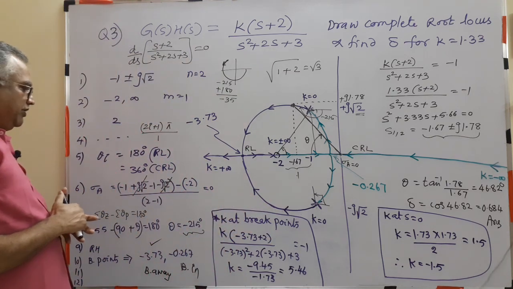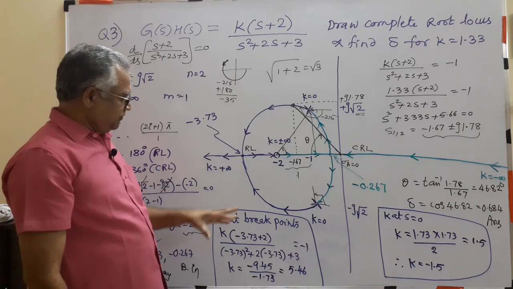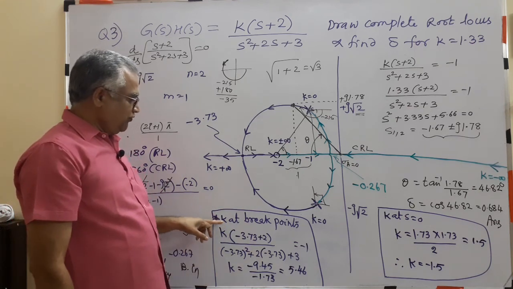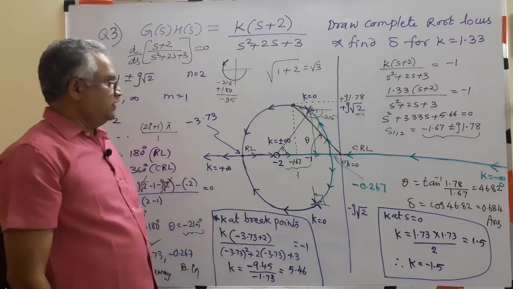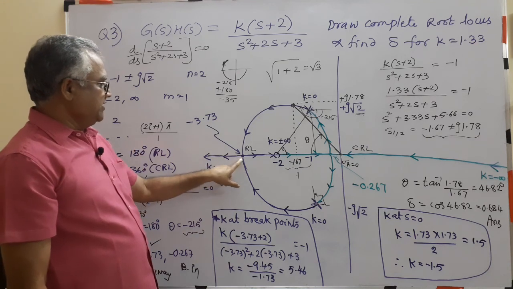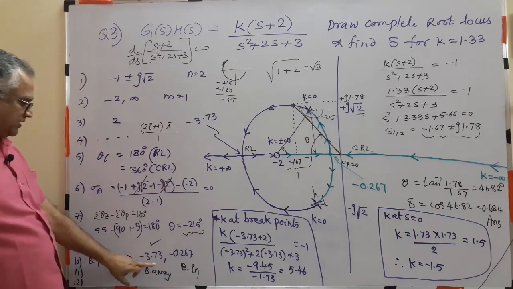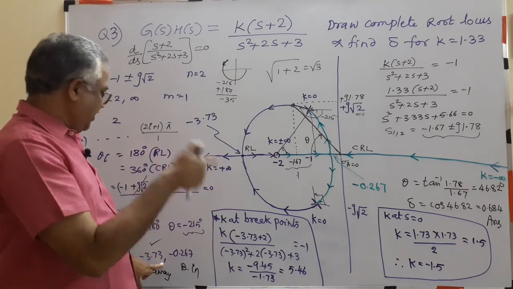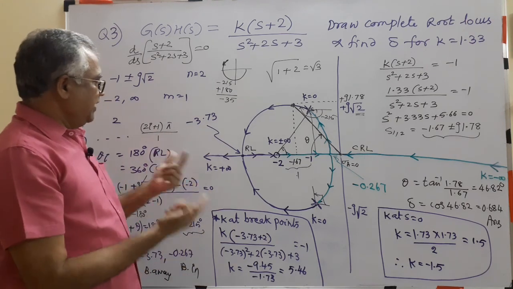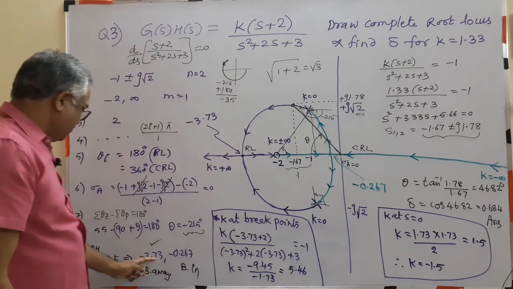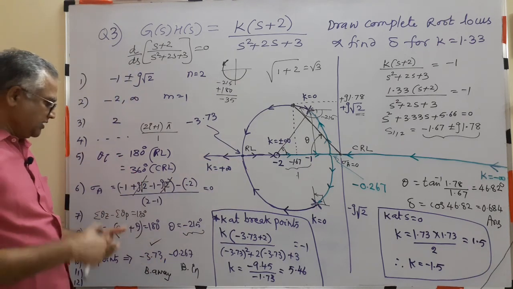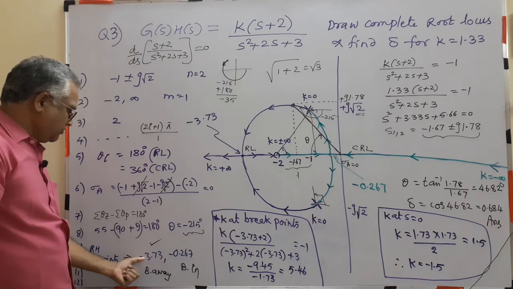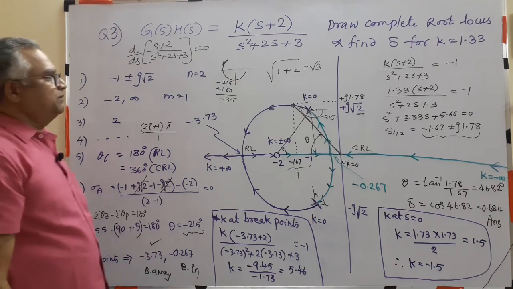There is another very important question. Most of the questions are on this: how to find k at breakpoints. Where is the breakpoint? Here. Breakpoint is minus 3.73. We want to find k at breakpoint. Indirectly it is asking k at s equal to minus 3.73.